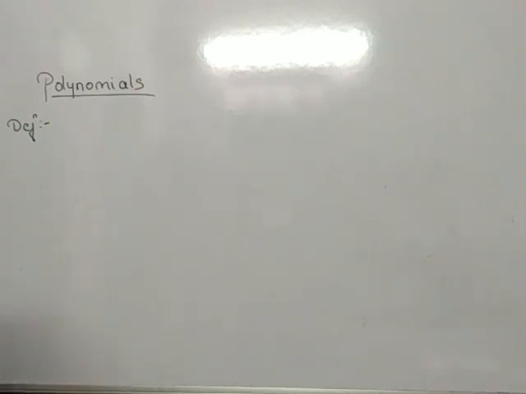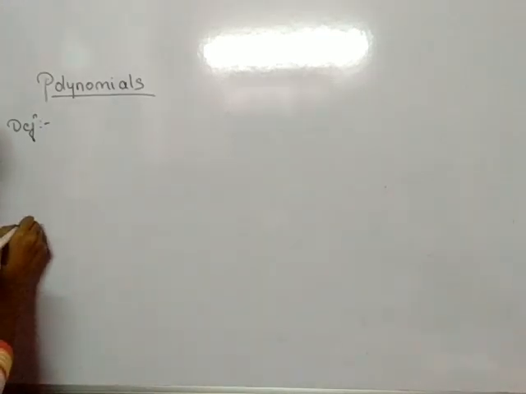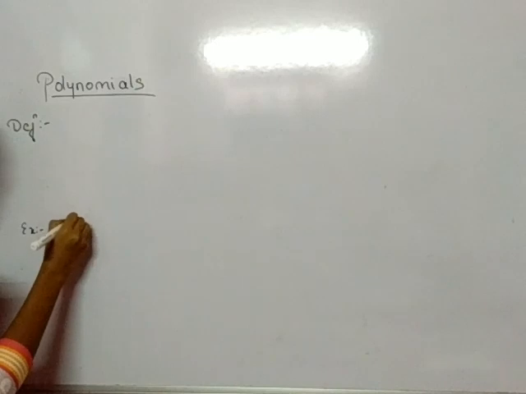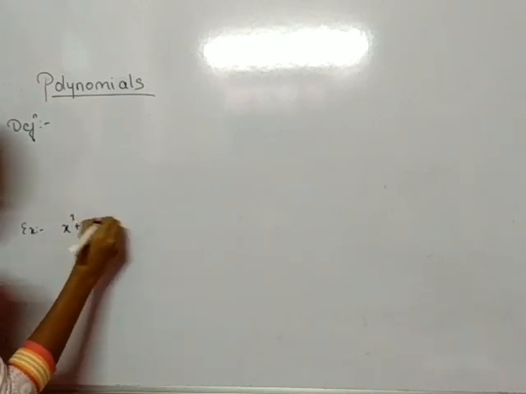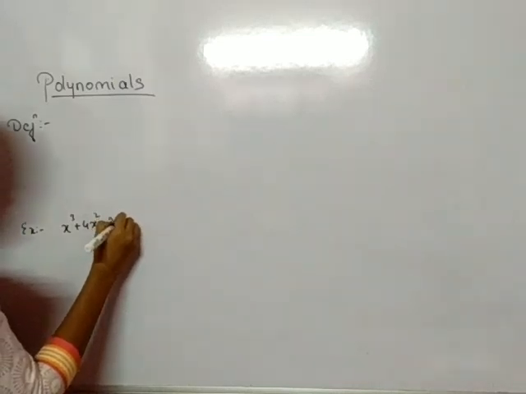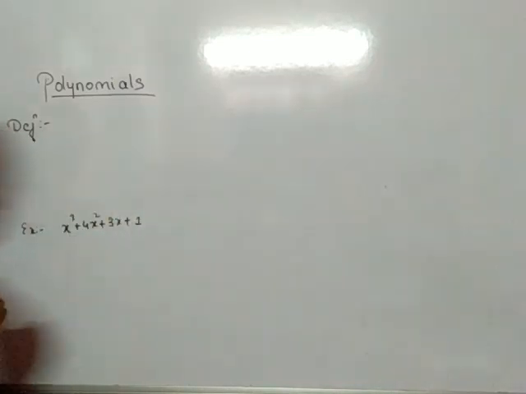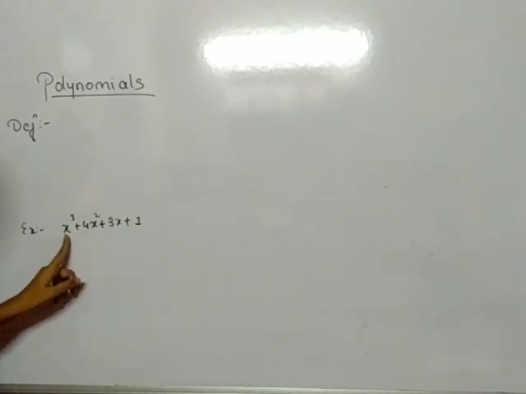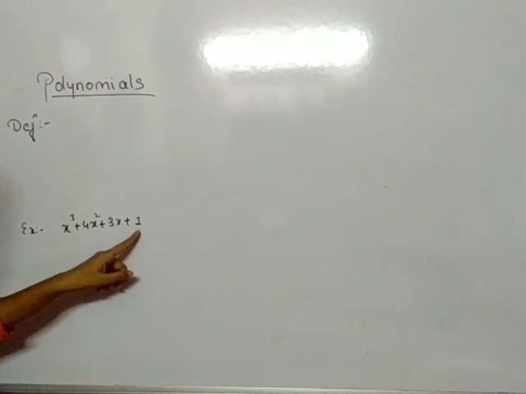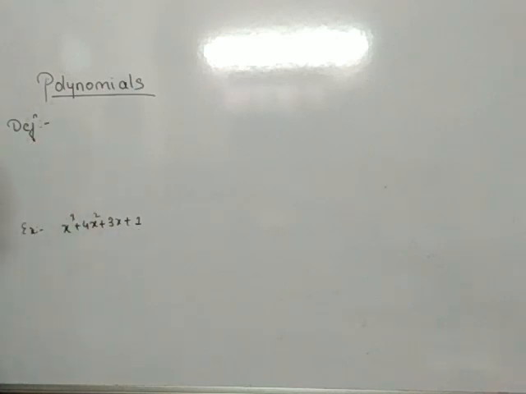Such types of algebraic expressions are called polynomials. Okay, we will see examples for the polynomials. Examples: x cube plus 4x plus x square plus 3x plus 1. Right? This is a polynomial which contains 4 terms, meaning more than 3 terms, isn't it? 1, 2, 3, 4. Then this is a polynomial, right?